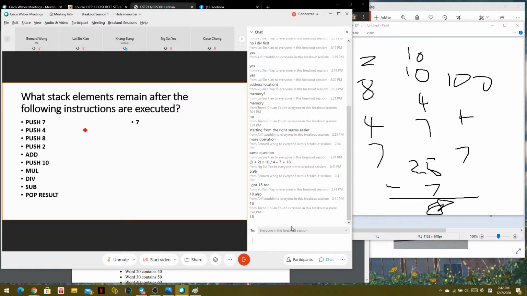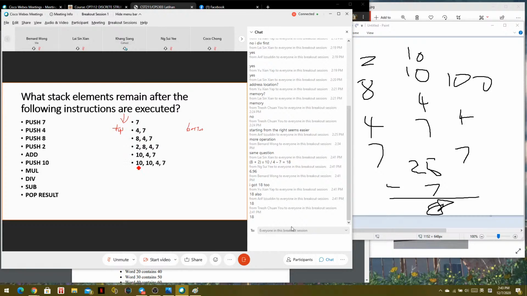First, of course, you push 7, then you push a 4, you push an 8, and then you push a 2. Here, this side is the top of the stack, and this is the bottom of the stack. Then you do an add, meaning 8 plus 2 is 10.